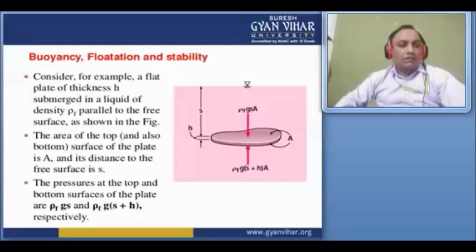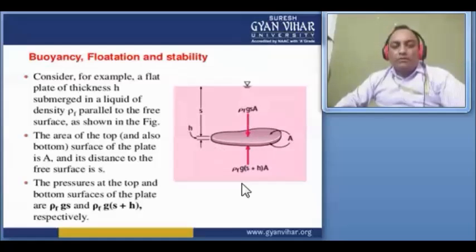Consider, for example, a flat plate of thickness h submerged in a liquid of density rho f, parallel to the free surface as shown in the figure. This is a plate immersed in a liquid at a distance of s, and h is the height of this plate, right?